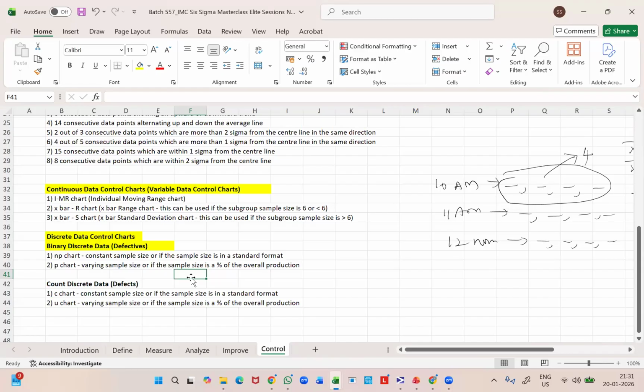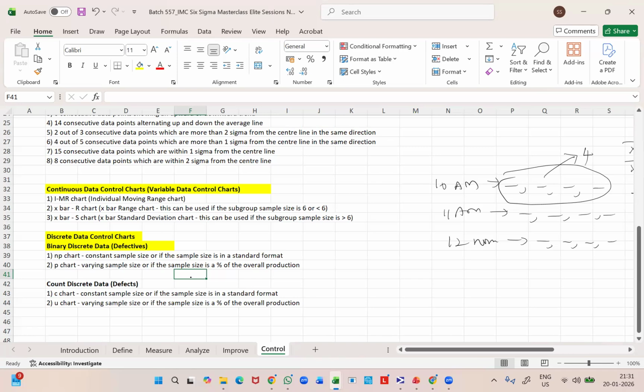Or if the sample size is varying, or if they had mentioned in the case scenario that the sample size is a percentage value of the overall production, then in that case, we need to apply P chart for that scenario. So what is this constant sample size and varying sample size?